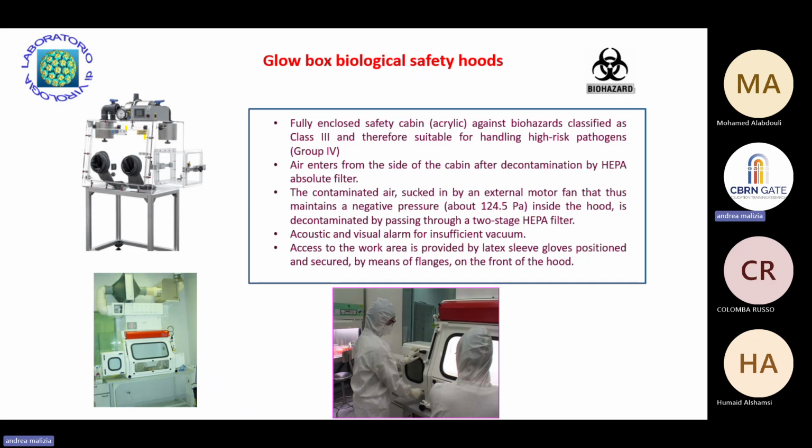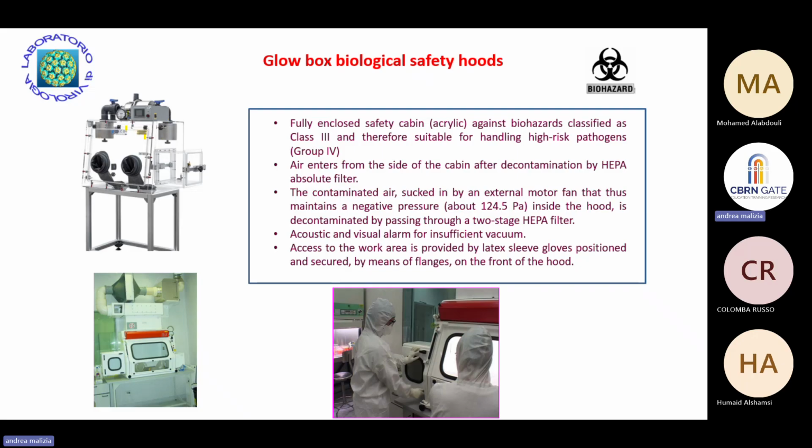This is an antechamber. Since I see that there is no circulation in the antechamber, it's supposed to be contaminated somehow, just the chamber.